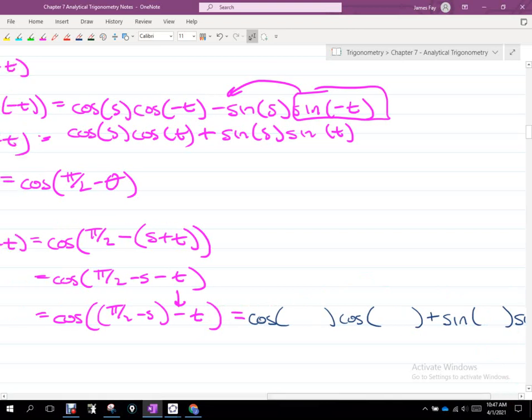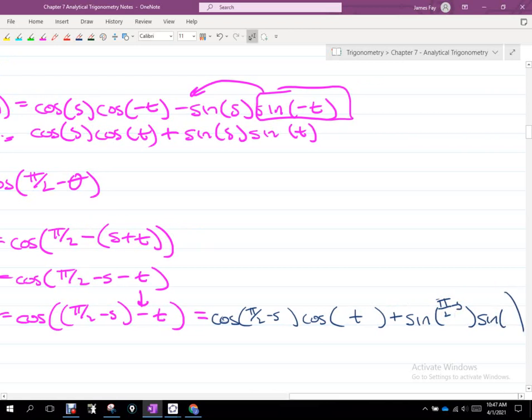And those somethings go: pi over 2 minus S, and this is then T, and this will be pi over 2 minus S, and then this will be T.